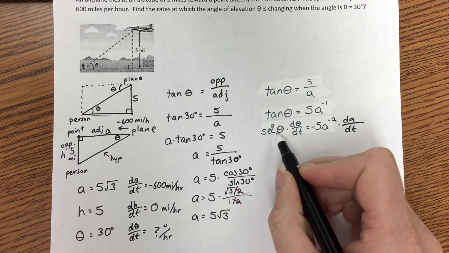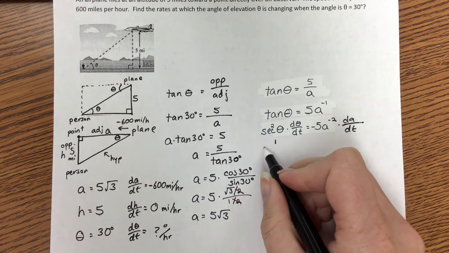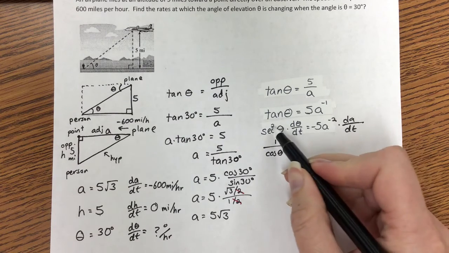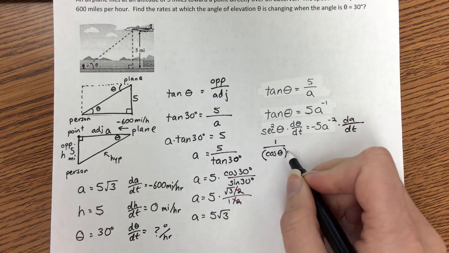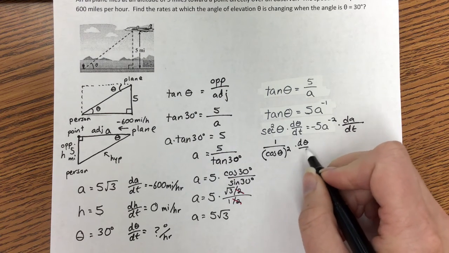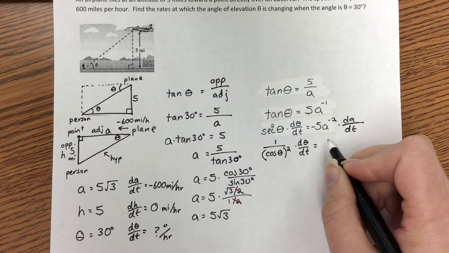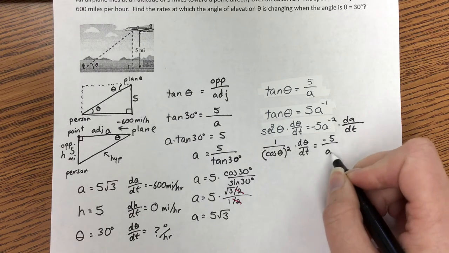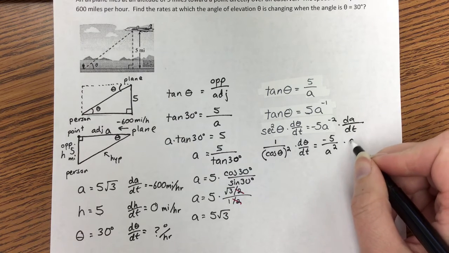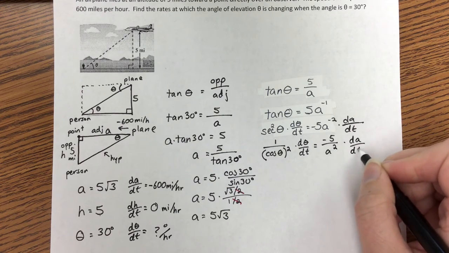Let's do some rewrites. Secant of theta is the same thing as 1 over cosine of theta. But since this is squared, this is the same thing as cosine of theta squared down there. Bring down, 1 over cosine squared theta times d theta/dt equals negative 5 over A squared, right? A to the negative 2 is A squared in the denominator, times dA/dt.